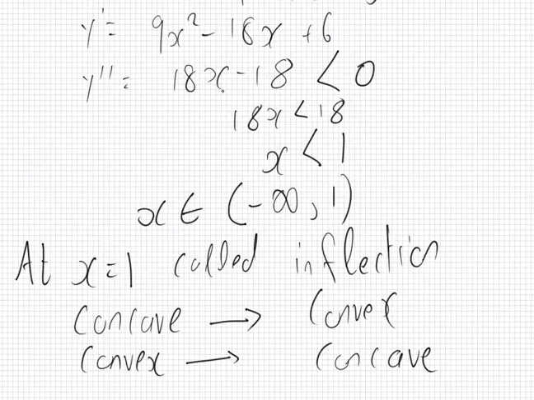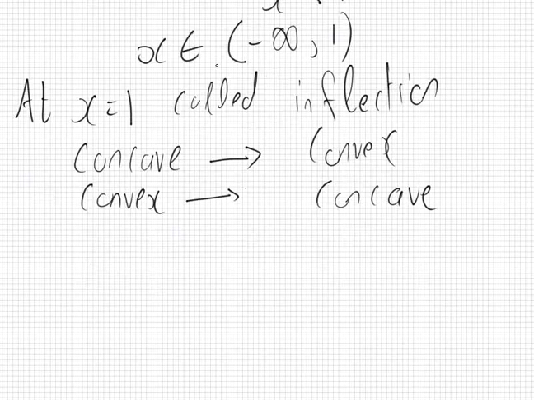What would I get? 0. So recall earlier I said if it's 0, we don't say it's concave or convex. In fact, because it's not concave or convex, it's switching between the two. So if the second derivative is equal to 0, then it's transitioning from a convex to a concave or vice versa.